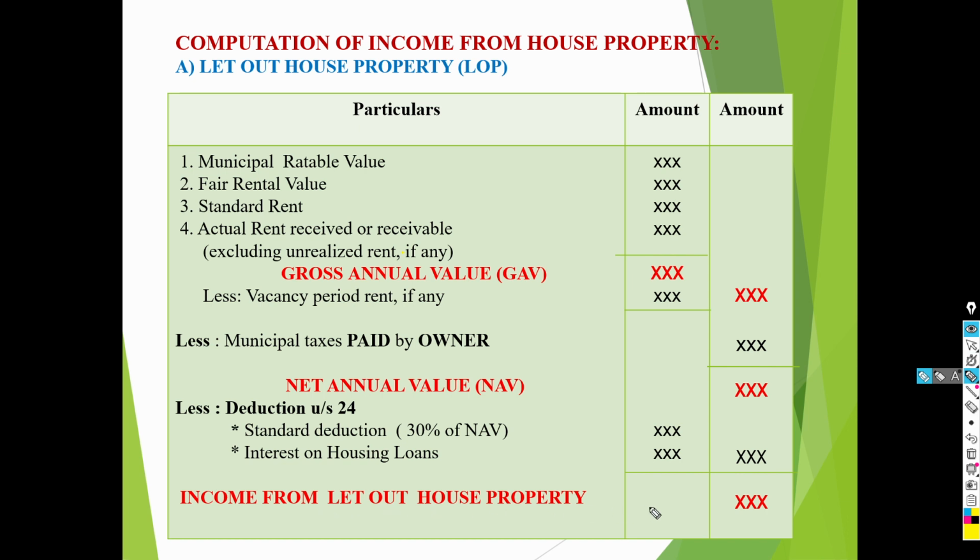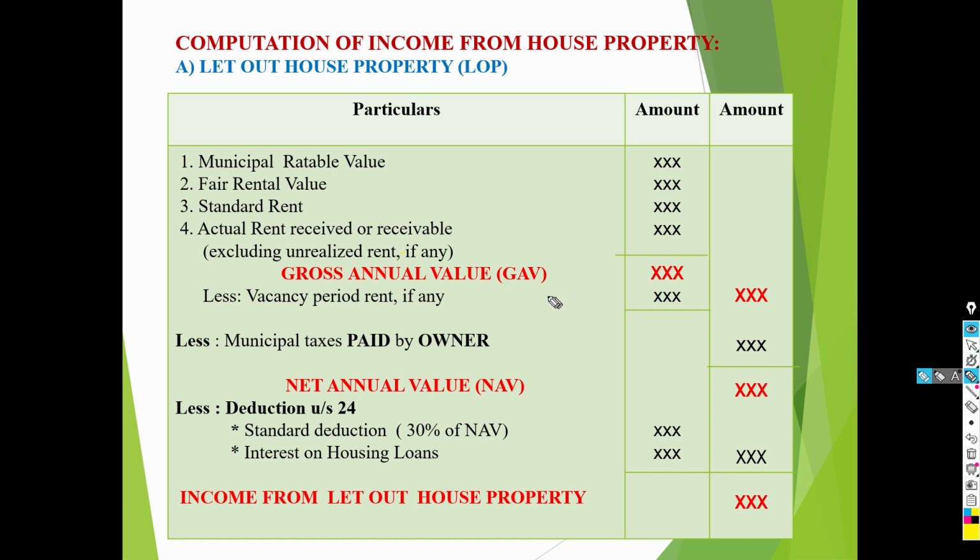Here one point is necessary to remember. At the time of taking annual value, take actual rent excluding unrealized rent, if any, given in the problem. Also, if that property is vacant in the previous year, it is necessary to deduct vacancy period rent from gross annual value.